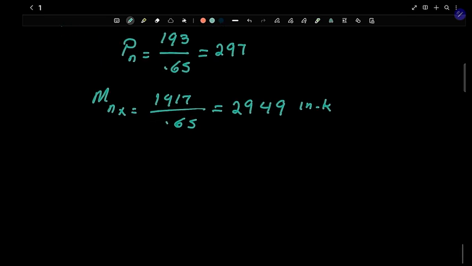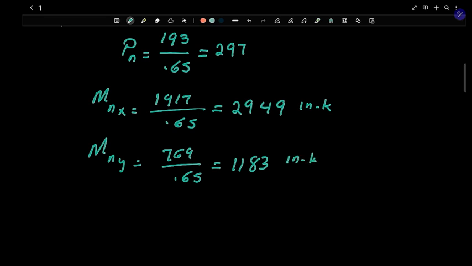And then we're going to calculate Mn in the y direction, that was 769, divide that by 0.65, and that will give us 1183 inch-kip.